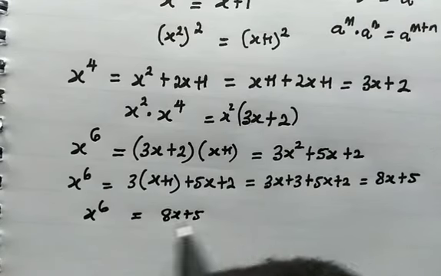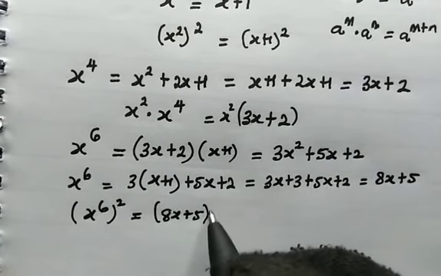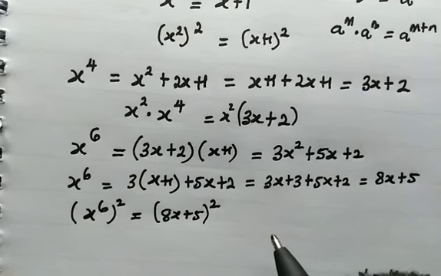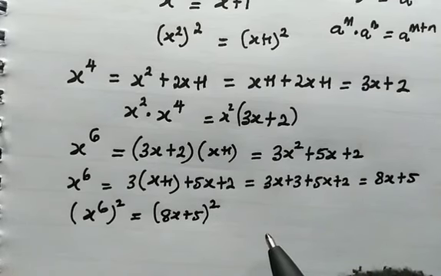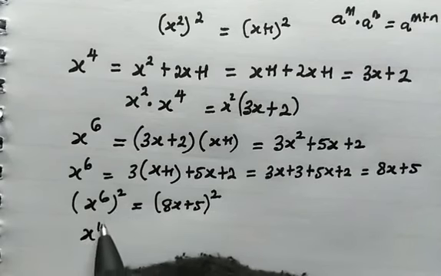Now let's square both sides of this equation. I think from there we will arrive at the 12th power of x, which we are asked to evaluate. So now from the left, we have 2 times 6 is 12, so we get here x to the power of 12.